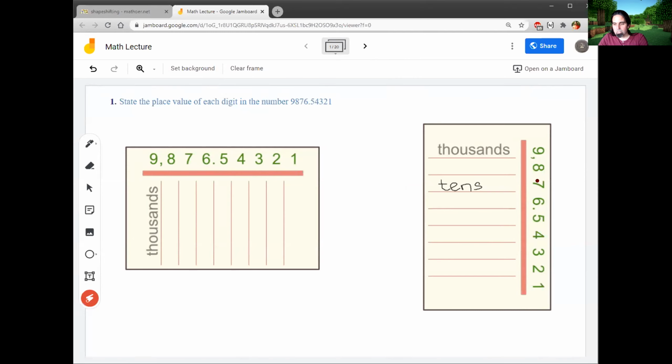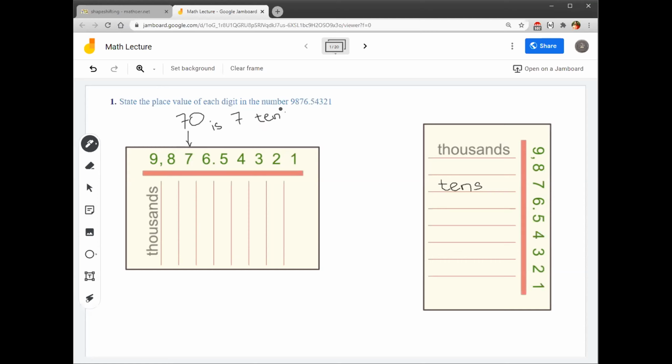Okay, where were we? So 7 was tens. So this 7 isn't actually a 7, right? It is 70. It is 7 tens. Okay, name another place value and I'll write it in. Ones. So the 6 is the ones. Hundreds. This 6 really is a 6.